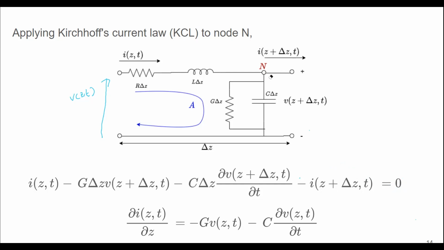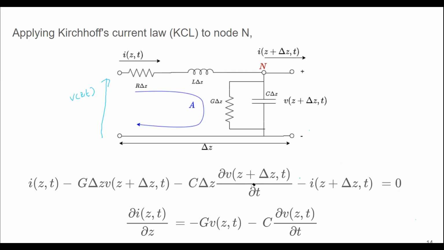And then the current going outward from the node N, because of the capacitor, is equal to C Δz ∂V/∂t at z+Δz.